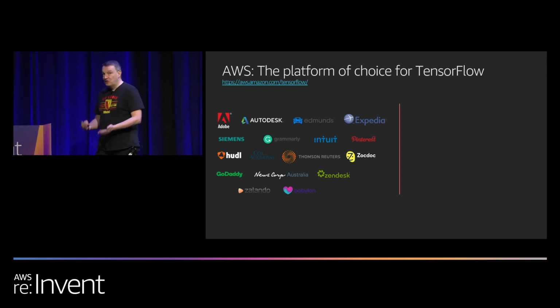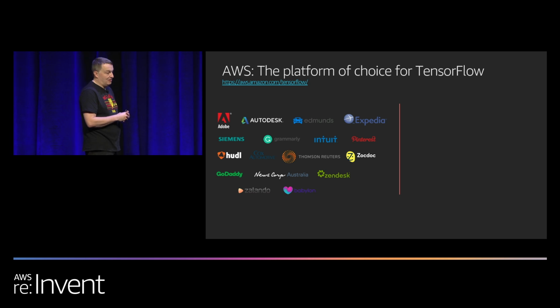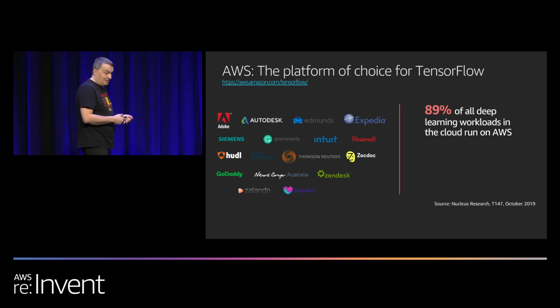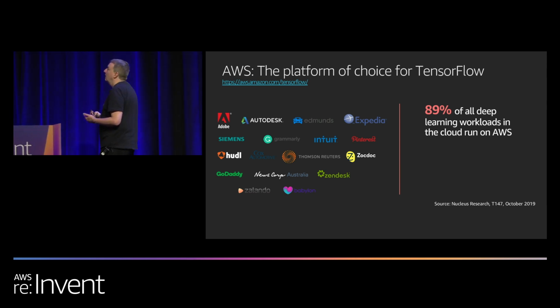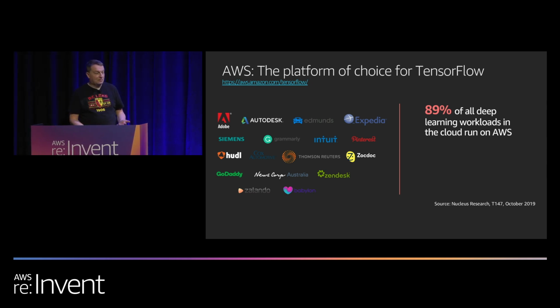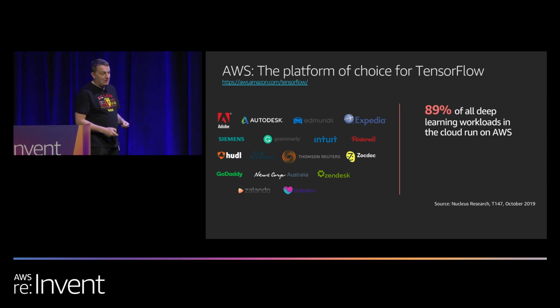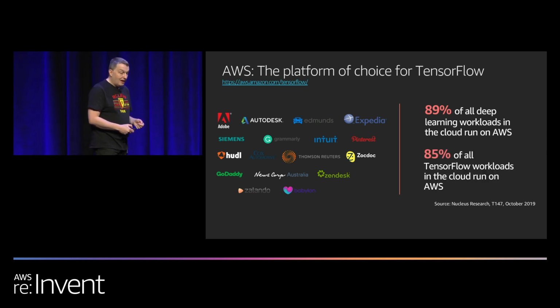As it happens, we have tons of customers using TensorFlow. And you may have seen this number, that 89% of deep learning workloads in the cloud run on AWS. And of course, TensorFlow is a large chunk of this. It's the most popular library.